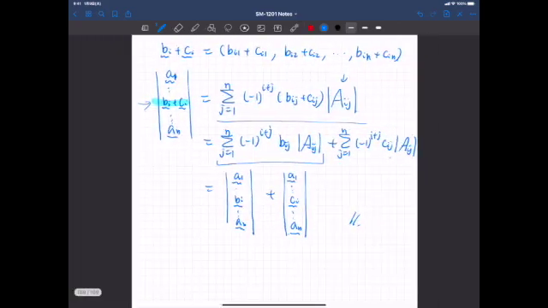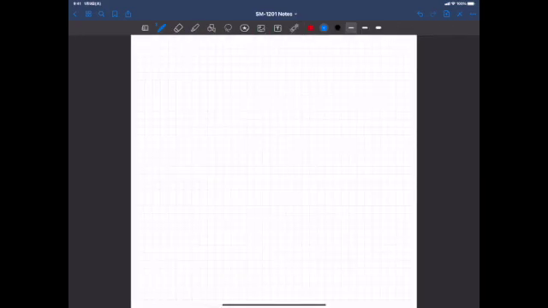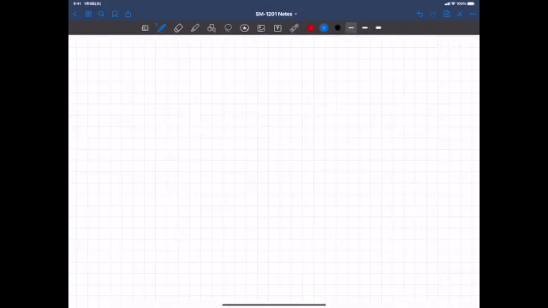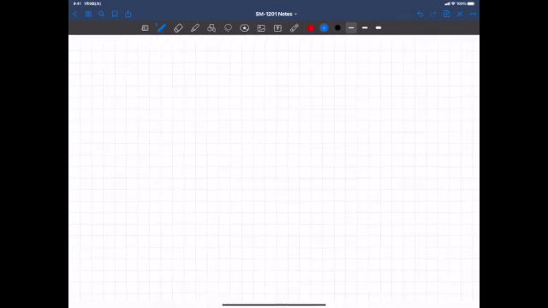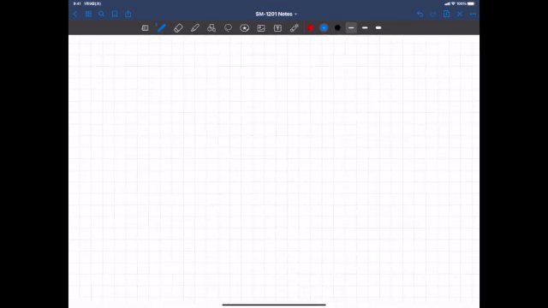The next lemma also shows yet another important property of the determinant. Okay, lemma. So similarly to the previous lemma, let's consider a matrix as a column vector of row vectors.